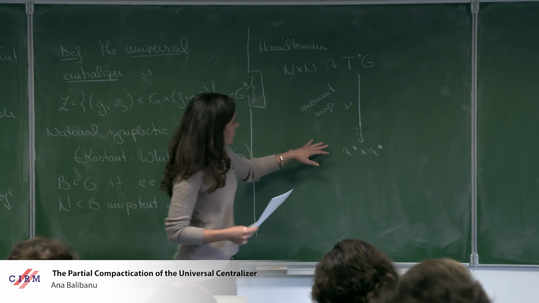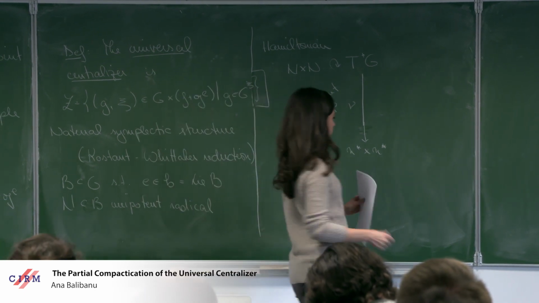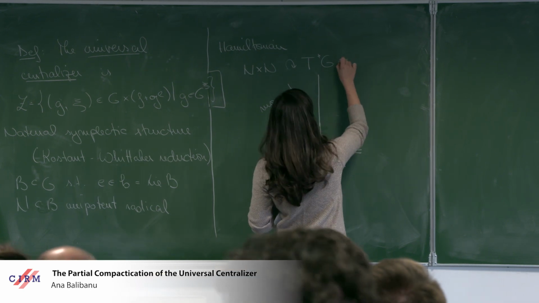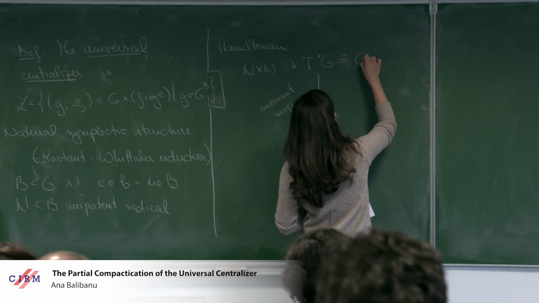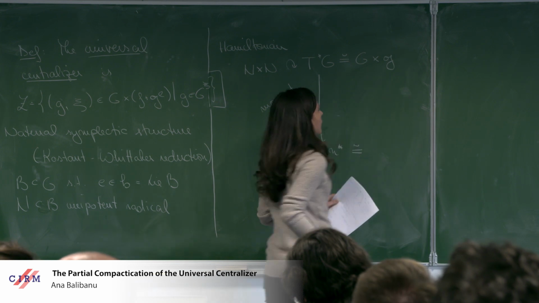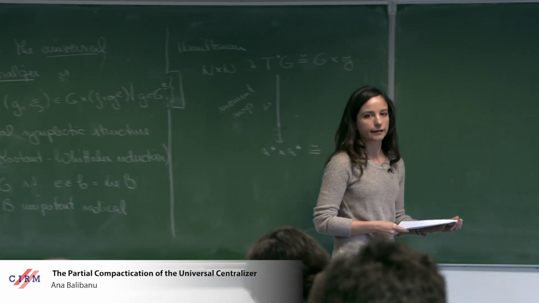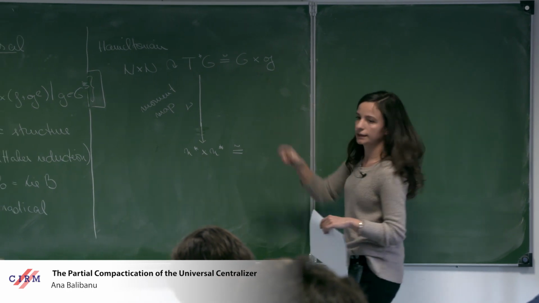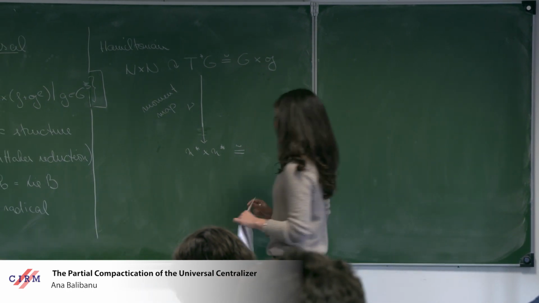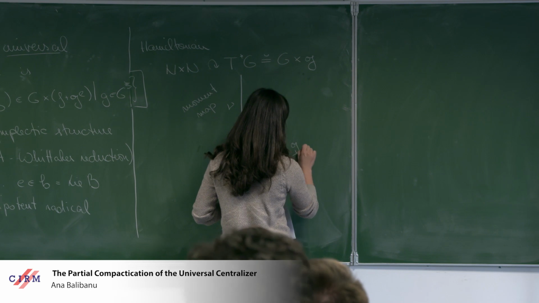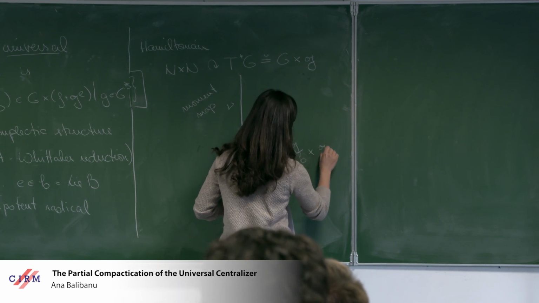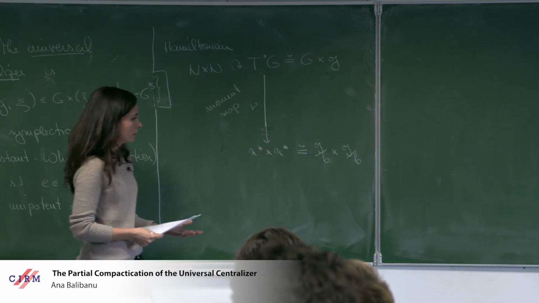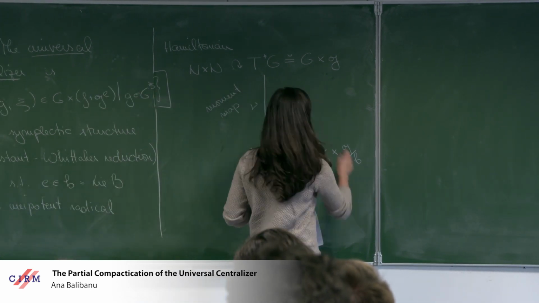And I can understand this action explicitly in the following way. I identify the cotangent bundle of G with the product of the group G and its Lie algebra via left trivialization and the Killing form. And I identify n star with the quotient of g by the subalgebra b, also via the Killing form.